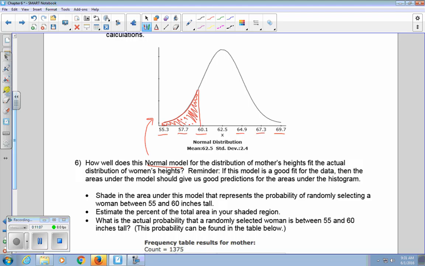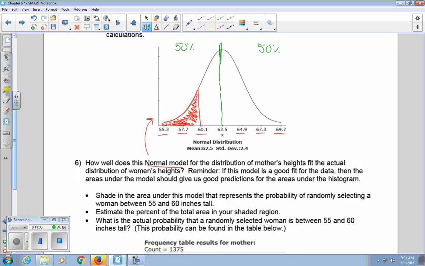One thing we can keep in mind is that this is a symmetric distribution, and right at the mean, 50% is going to be less than the mean, and 50% is going to be greater than the mean when we're talking about a normal model. That can help guide us when we're trying to estimate the area of our red shaded region.